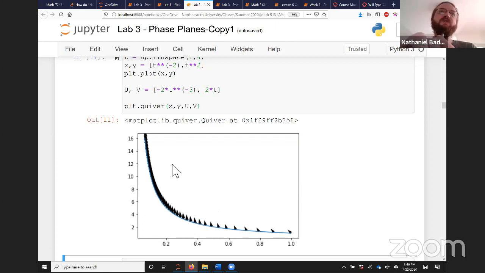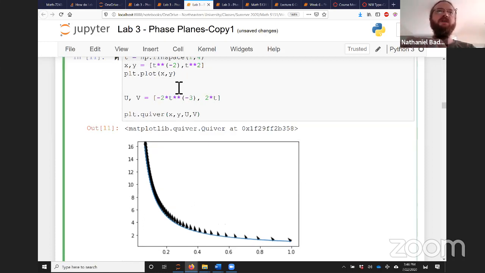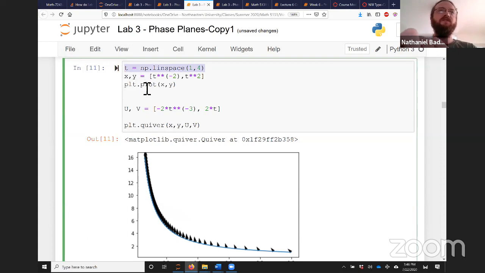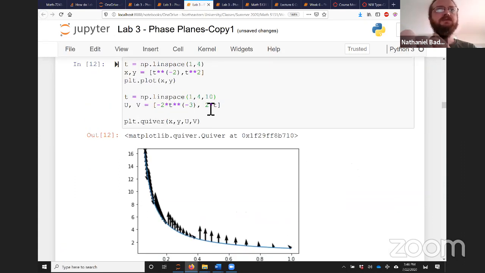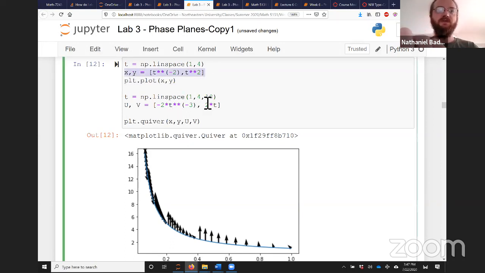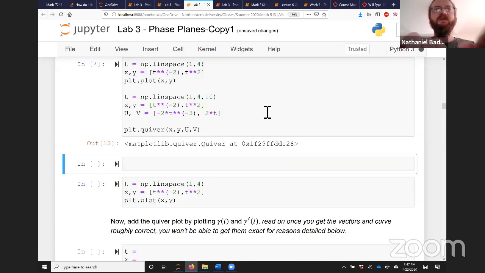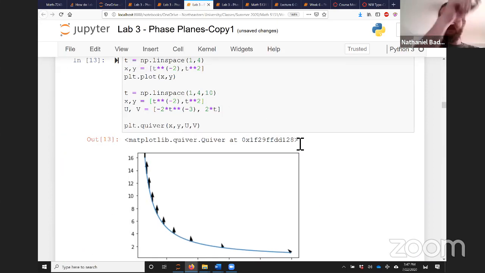Of course, we can see that things are getting crowded, so we may want to redefine t slightly to have, say, only 10 points. Oh, sorry, can't do that because now it's repeating that completely. I need to redefine, get a slightly less smooth line, and there we go. So we've got 10 of our x positions and our y positions.